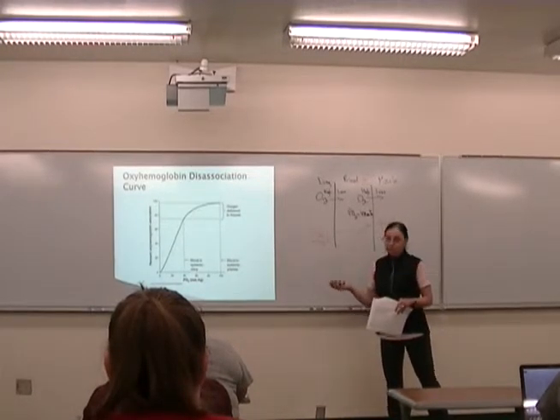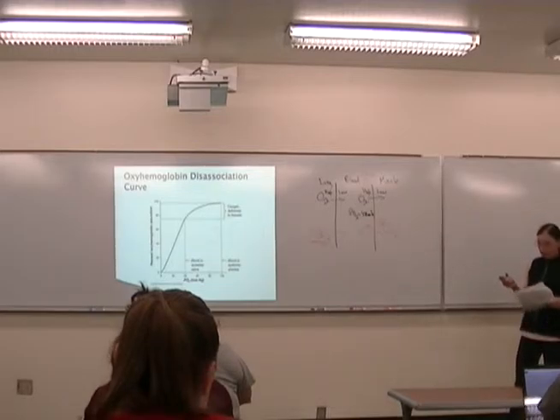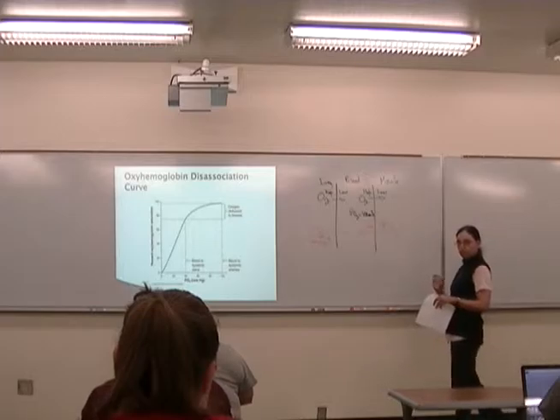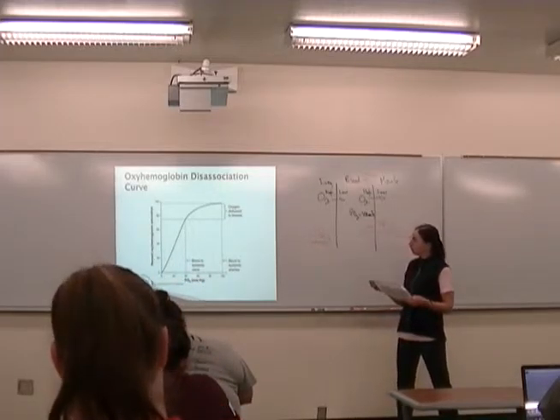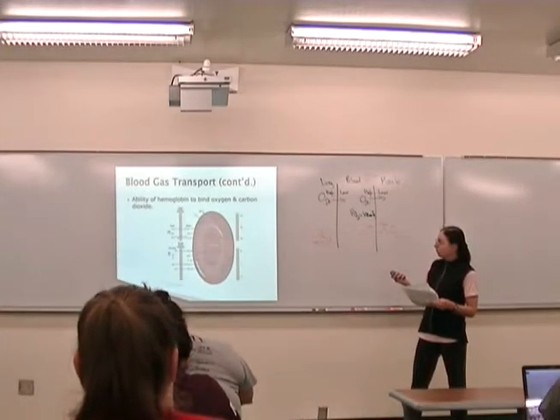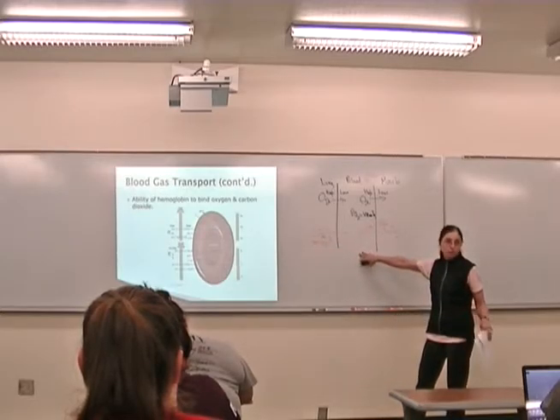The active muscle tissue, we see increases in temperature, increases in pH, and that leads to increased oxygen delivery. So that's just a complicated version of this.